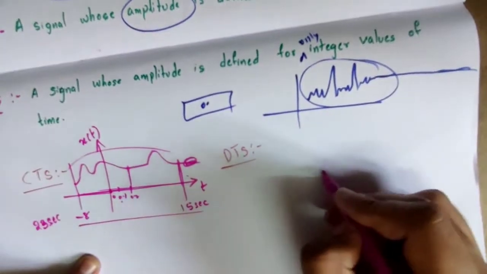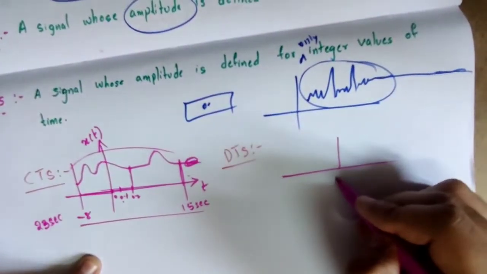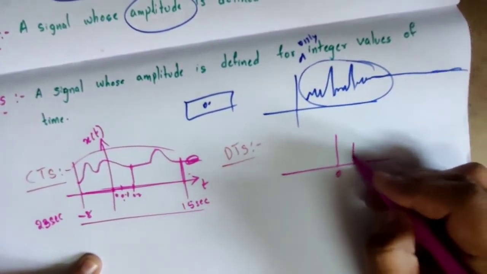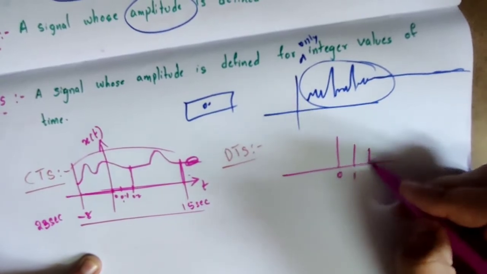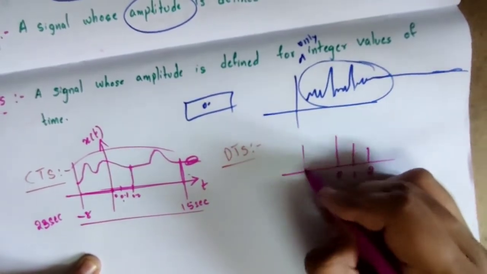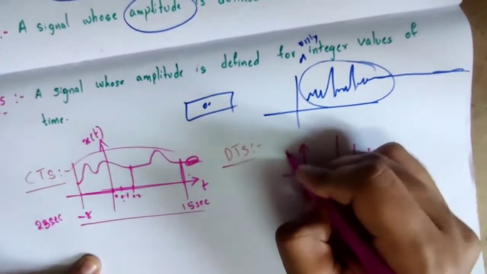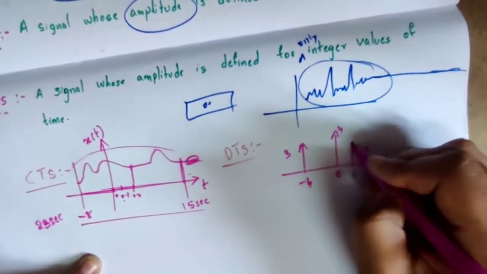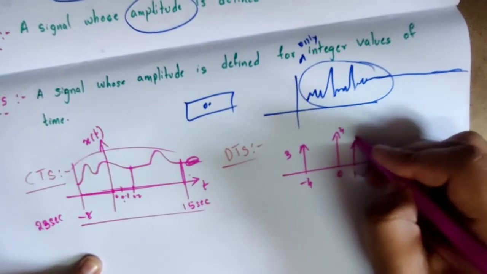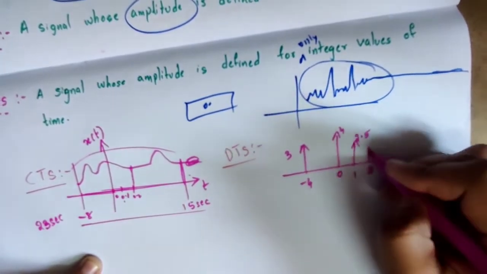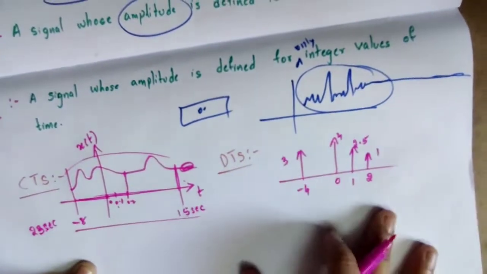I'll consider it like this. This is 0, this is 1, this is 2, this is minus 4. Here the amplitude I'll consider as 3, this is 4, this I'll consider as 2.5, and this I'll consider as 1.